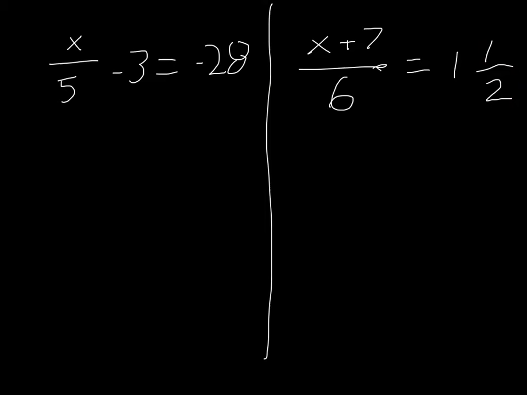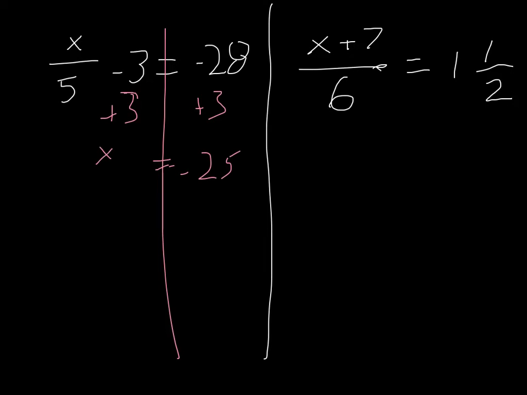Okay, so in this case, I see that x is being divided by 5, and then 3 is being subtracted from this total. So in order to undo this 3, what I'm going to do is add 3 to both sides. There we go, add 3, and we get negative 25 equals x over 5.